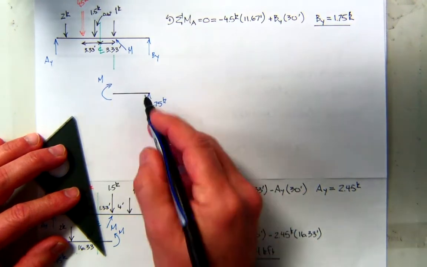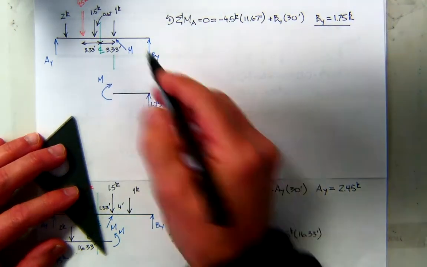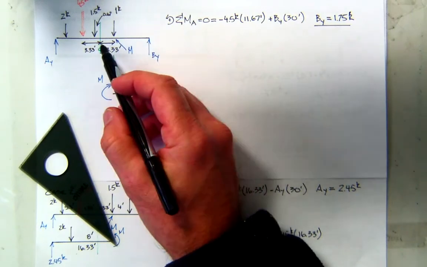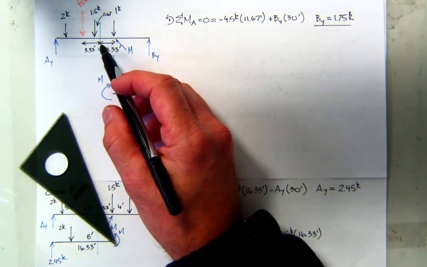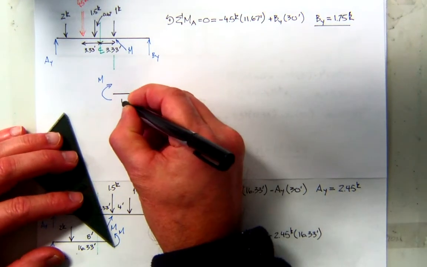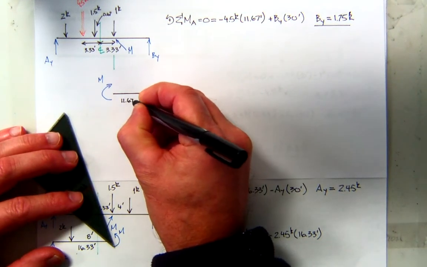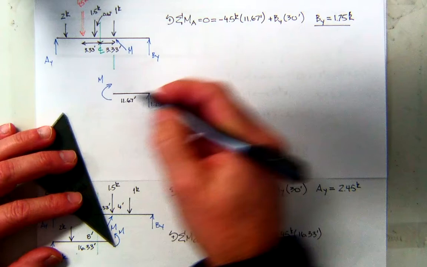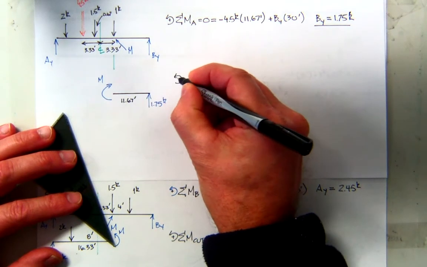So what's this distance? Well, again, from BY to the center line is half, or 15 feet, and then I come back off 3.33. That should be 11.67 feet. And to find the moment, I'm just going to sum moments at the cut.